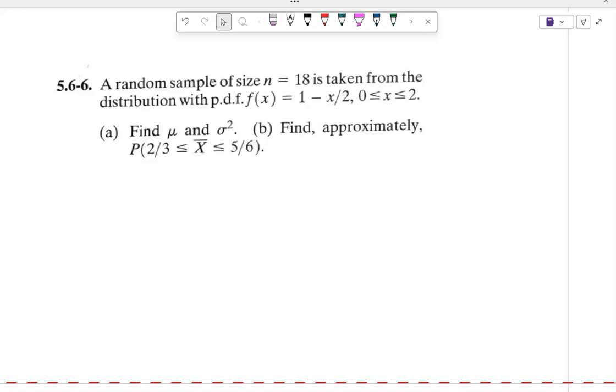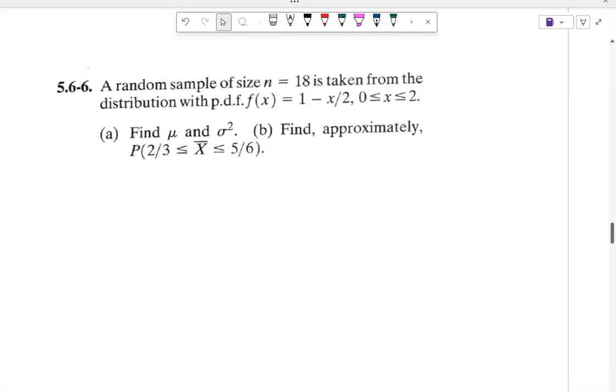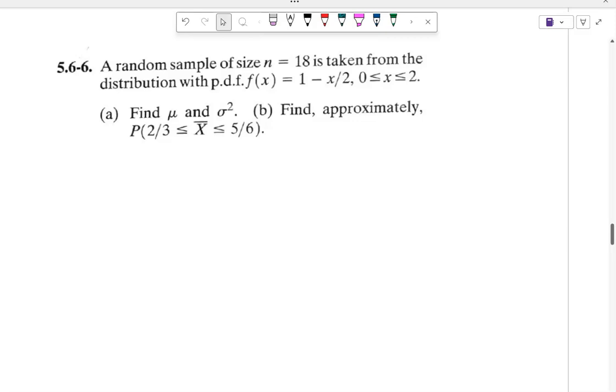Because remember, again, the mean changes some things. I mean, it's going to keep it normal, but it's going to change some things. Part A just asks you for the mean of the distribution, right? So we want the mean of this distribution here.